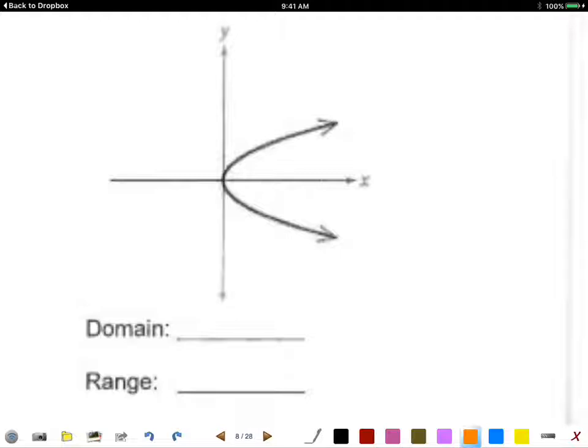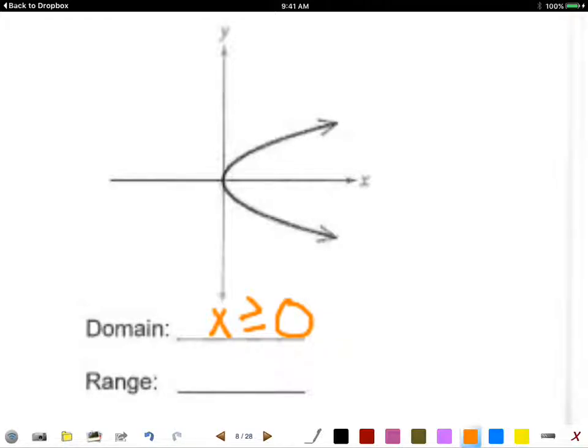So this graph can have an x value that is 0 to infinity, so 0 or larger. How do we write that? x greater than or equal to 0. What that means is x can be any value that's 0 or greater. This one isn't going to have x in the middle because we don't have 2 ending points. This one goes on and on.